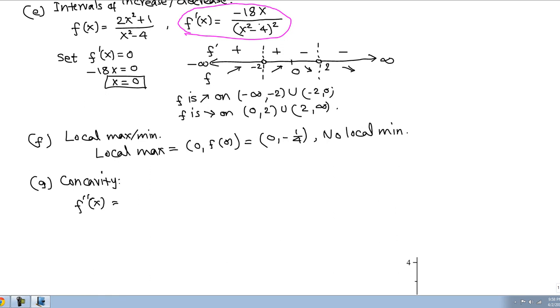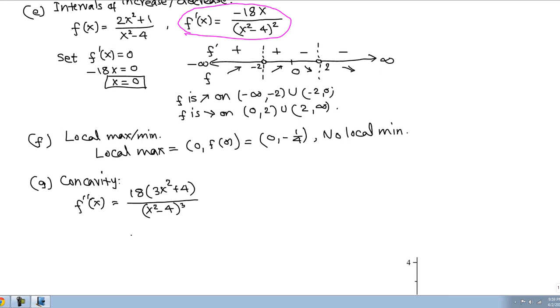So we need to use the quotient rule, and after some work, you will get the second derivative: 18 times quantity 3x squared plus 4, all over x squared minus 4 cubed.